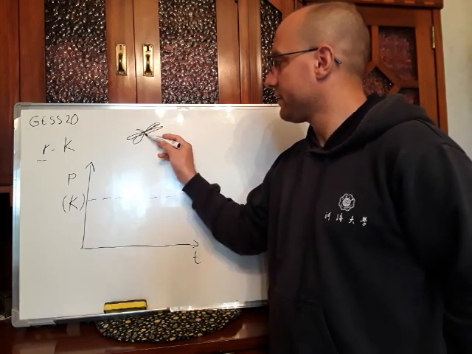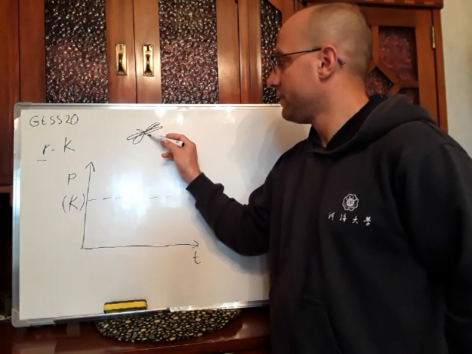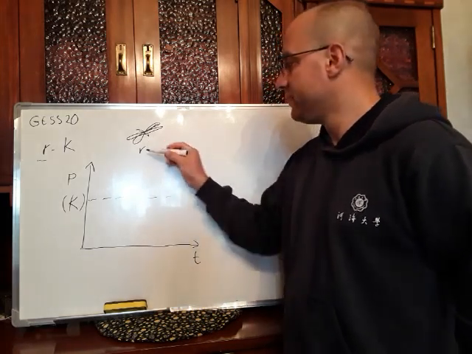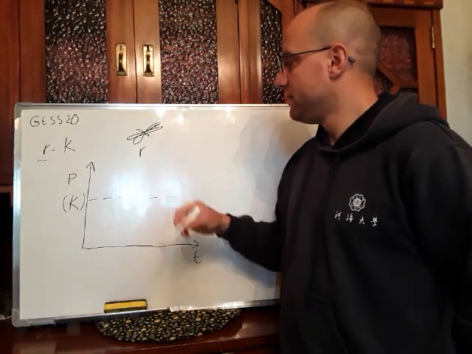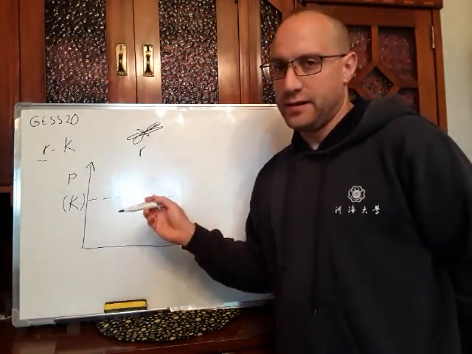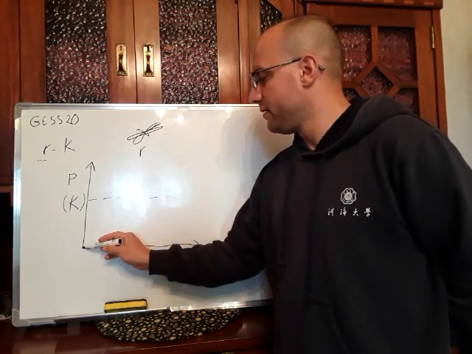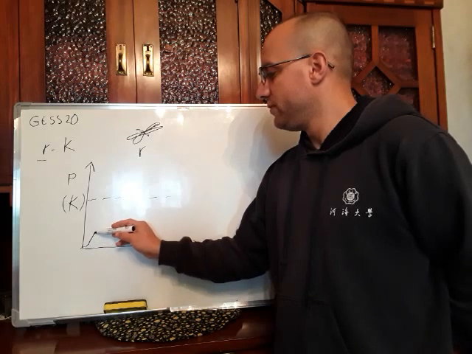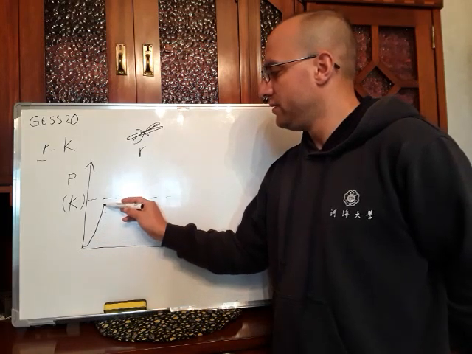A tiny insect. R selected. How do these live? How are they going to have offspring and so on? Well, once they appear somewhere, their size in population will very quickly grow.